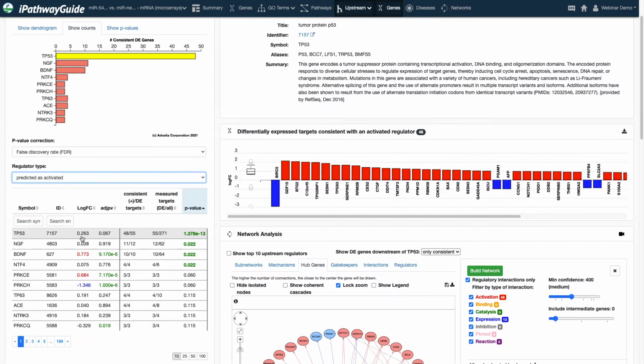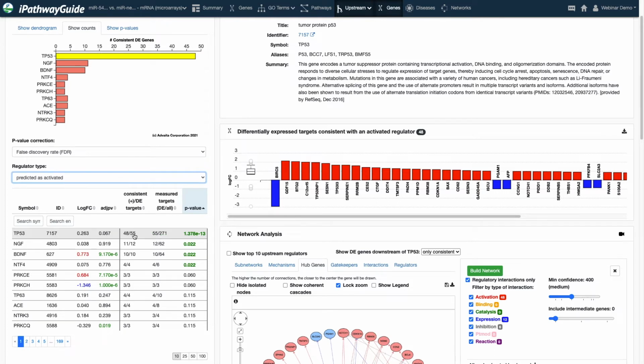You can see that in the input data, TP53 itself was not a differentially expressed gene. Its fold change is barely above 0, and its adjusted p-value is not significant either. However, there were a large number of targets of TP53 measured in the experiment, 271, and of those, 55 were differentially expressed, which is a pretty big fraction.